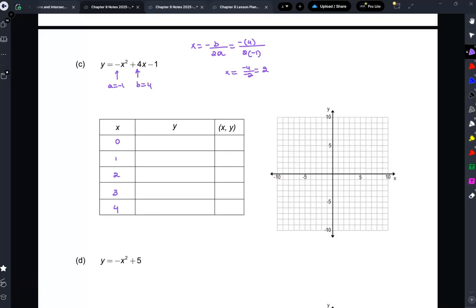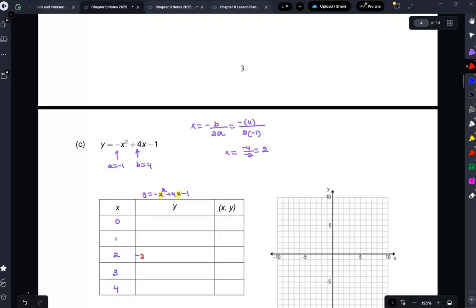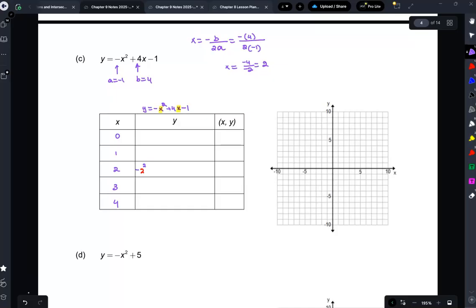I'm going to do the first one with you. Here's why. Let's do 2 together. So this is negative x squared plus 4x minus 1. So look at this. I'm going to put the x values here. Now look, do you see how there is a negative there? This is how it's going to work. Negative 2 squared plus 4 times 2 minus 1.